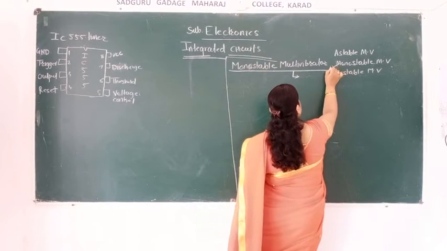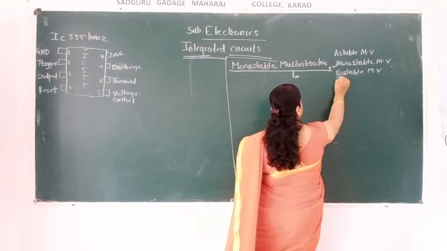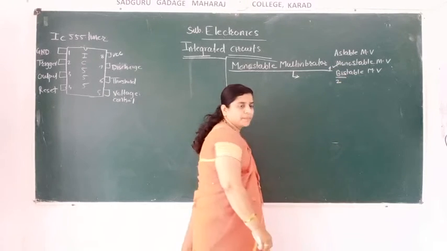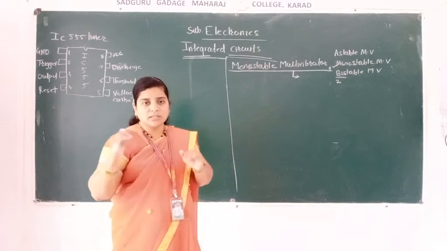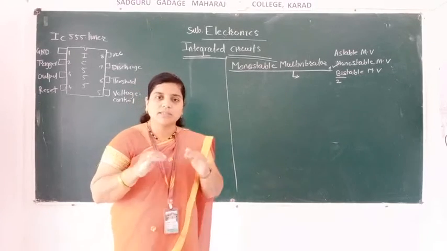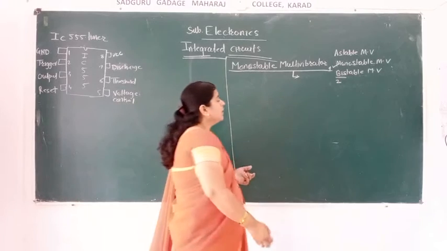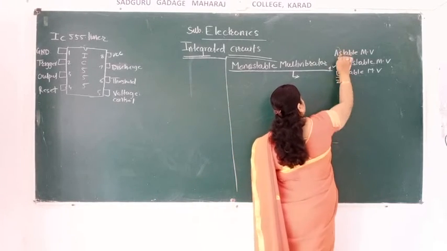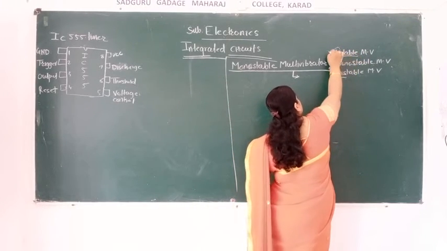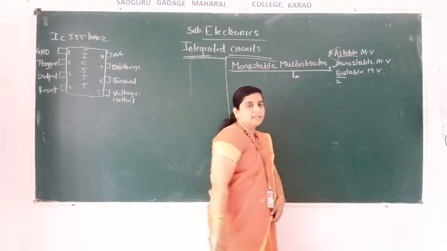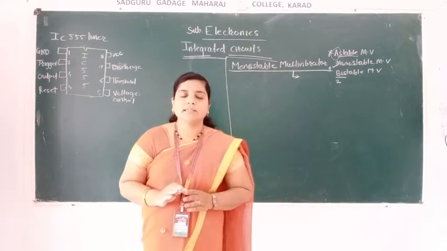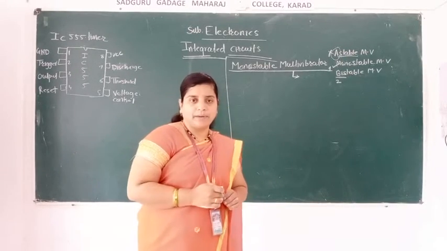Mono means 1. Bi means 2. If two states are in constant state, then it is called the bistable multivibrator. And what about the astable? Astable means not any state is the constant state. It is called the astable multivibrator.